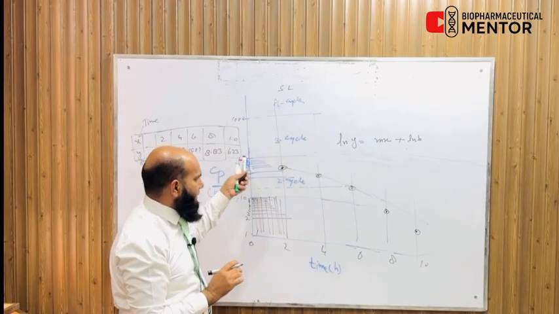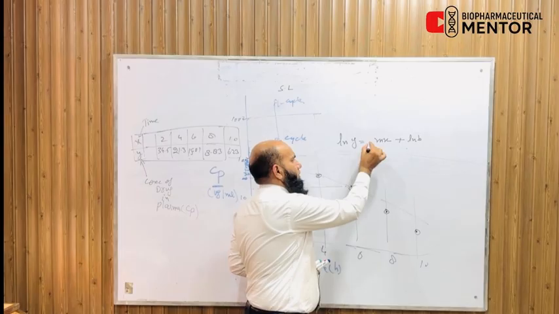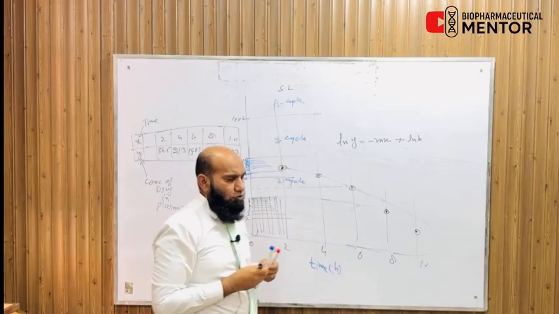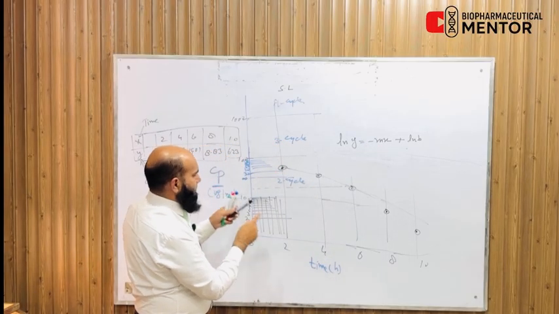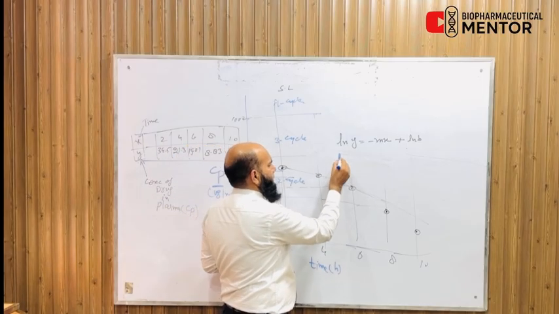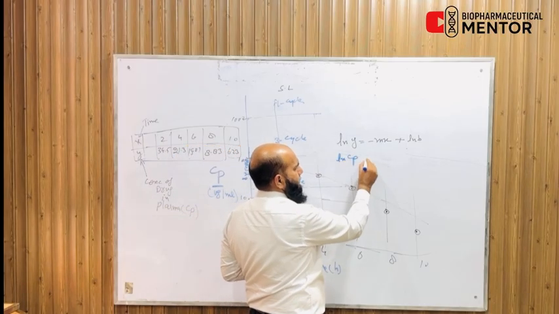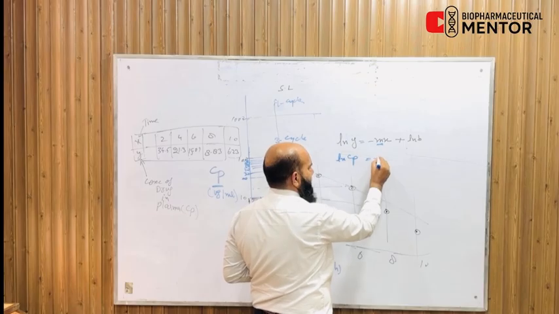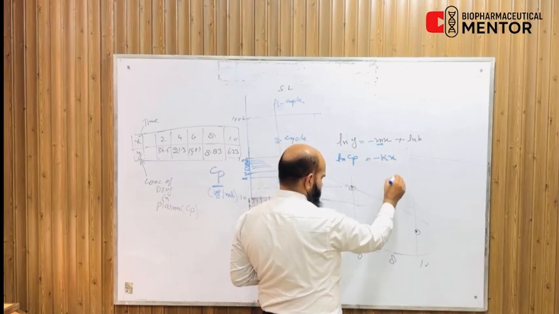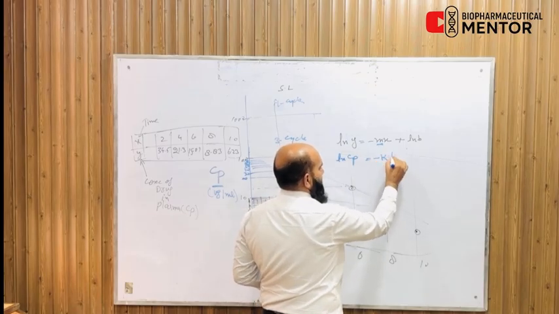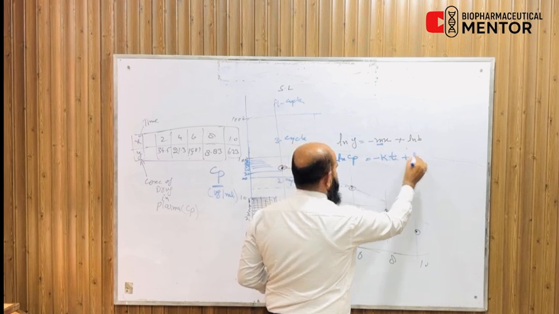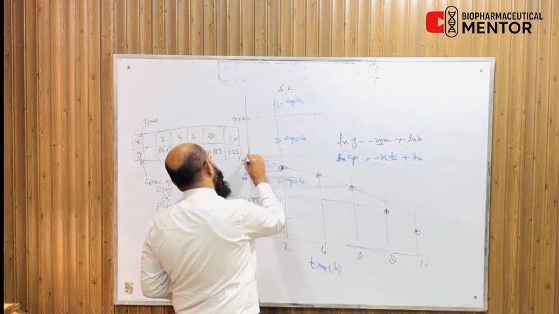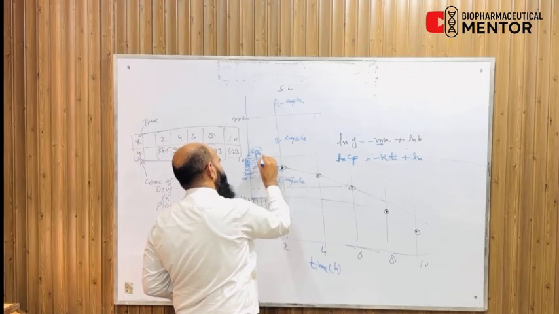Because it's negative, we can write here minus m. If we want to use these terms, then we can write ln Cp, because on the y-axis we have written Cp, and in case of m we will write minus k, and at the x we write t, and plus ln b means the value we have extrapolated, that value is Cp naught.